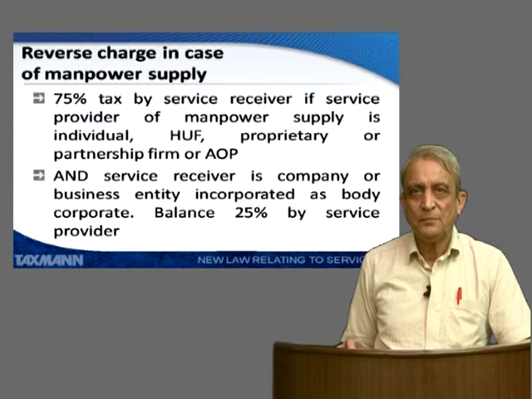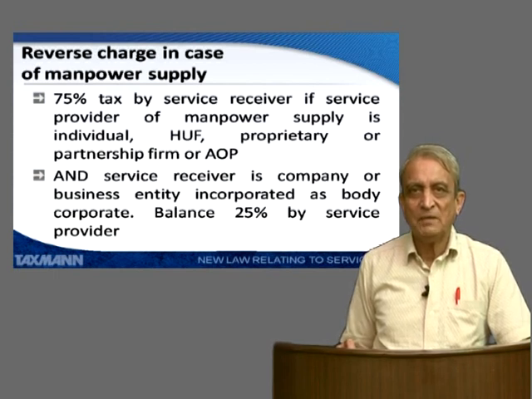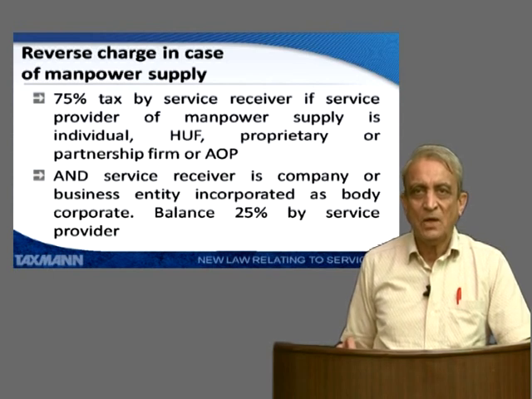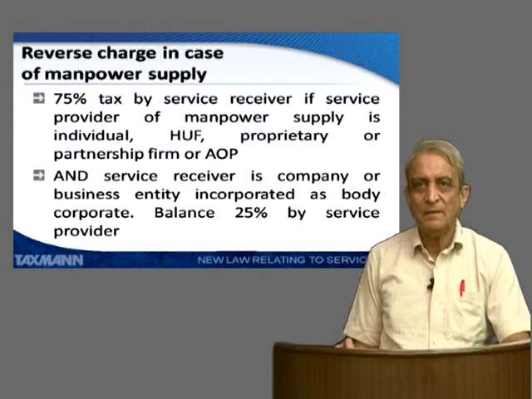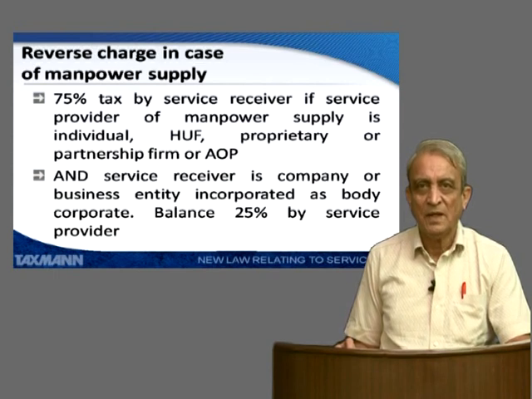It may be noted that in case of manpower supply service, service tax is payable on the salary of the person, any other expenses like ESI or Provident Fund which is paid for that person, and also if the labor contractor charges his service charge or his commission, on that commission also.